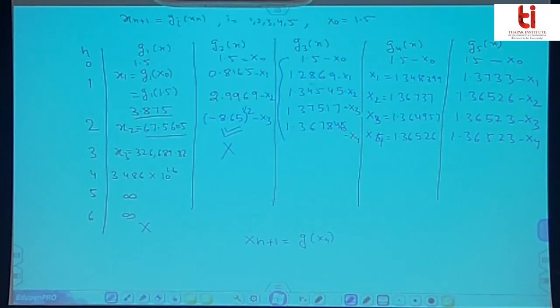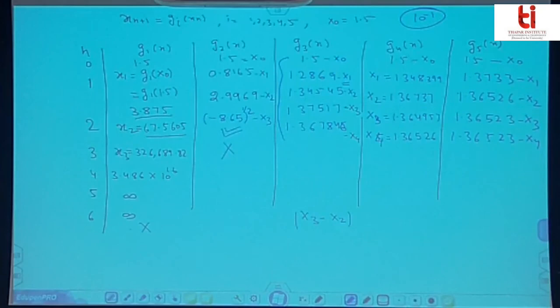In g3, if we want to achieve accuracy within 10 raised to power minus 1, you can see the first iteration value is 1.28, second iteration 1.34, third iteration 1.37. If you find the difference x3 minus x2, we get a result accurate within 10 raised to power minus 1. That is in the third iteration.